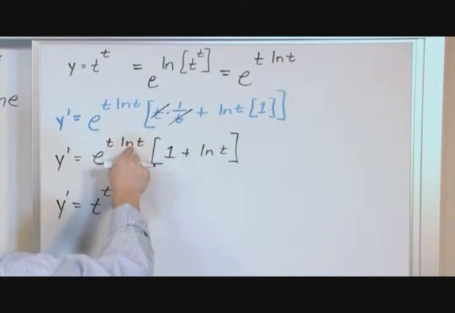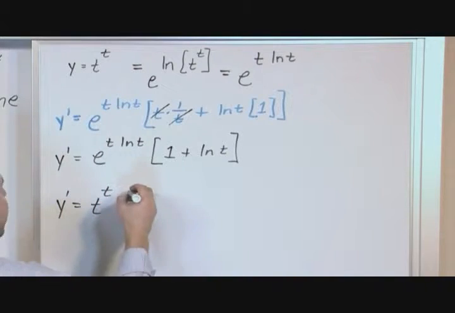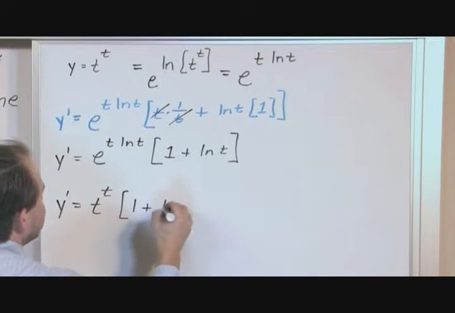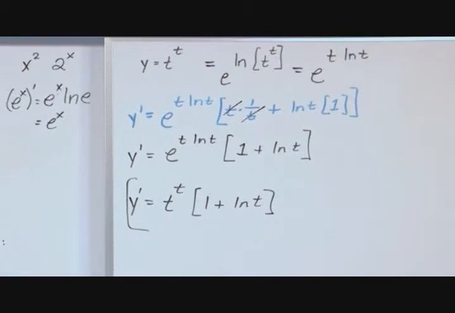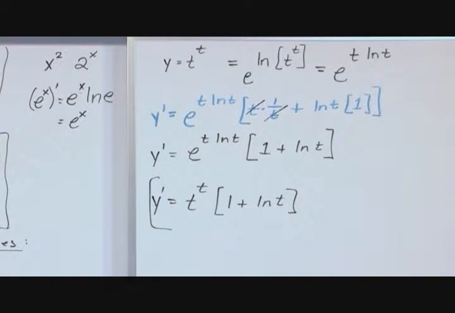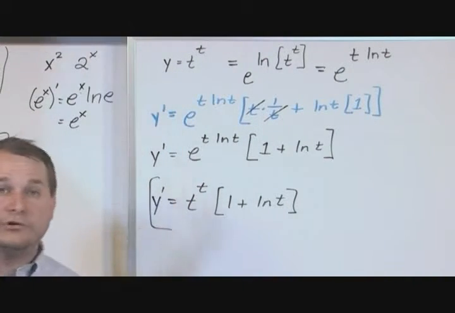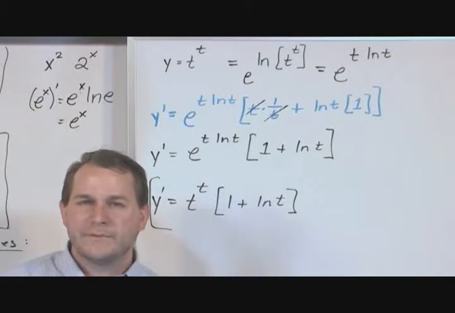e is going to cancel with this natural log, so here I go. And here I'm going to have 1 plus natural log of t. And this is the final answer. So t to the t times 1 plus natural log of t. It's kind of a hopeless problem to do unless you understand these little simplifying things.